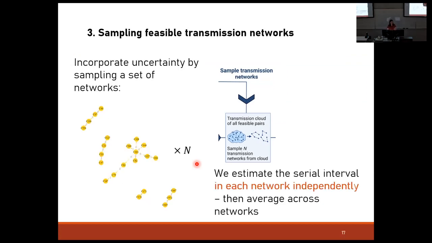And instead of doing this just once, we end up with a transmission network that looks something like this, and we do that some big number n of times. That builds in the fact that we don't really know who infected who, but we get a distribution over who is more likely to have infected who. We estimate the serial interval in each of these networks independently, and then join everything together at the end, averaging across the space of networks that we sampled.